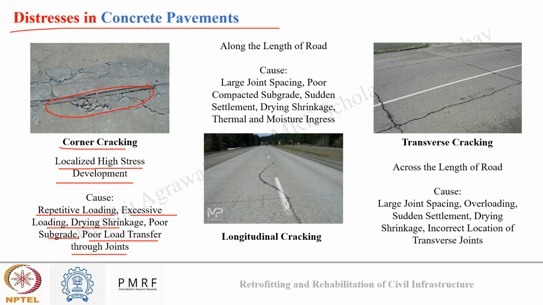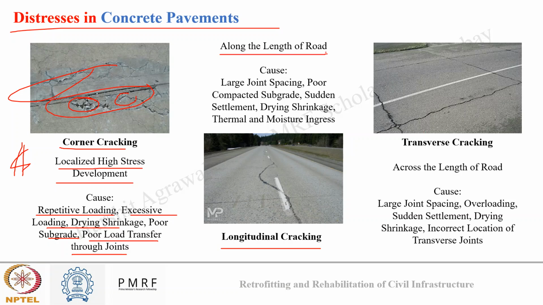Such cracking is often seen near the joints and in terms of blistering of concrete members, or near the end of the road also we see such cracking due to repetitive loading or drying shrinkage problems.